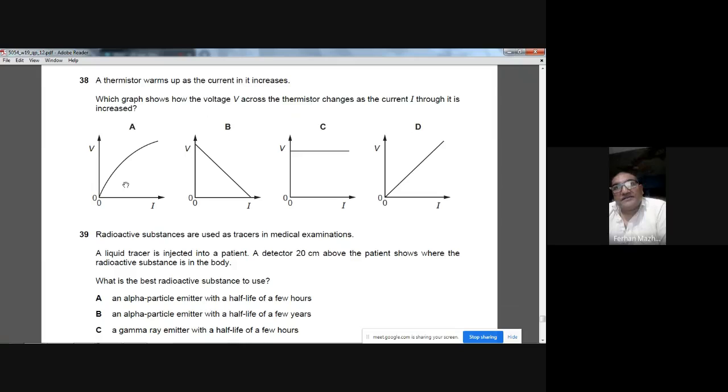It's a non-ohmic conductor graph. For 38, the right option is A, and the reason is when you increase the current, the voltage drop is not increasing at the same rate, but it is still increasing. So somehow the option is A.